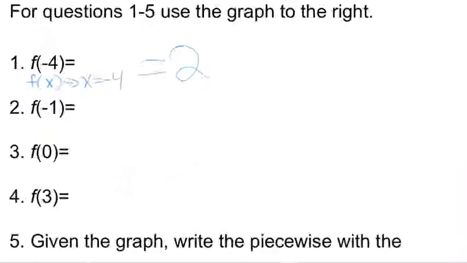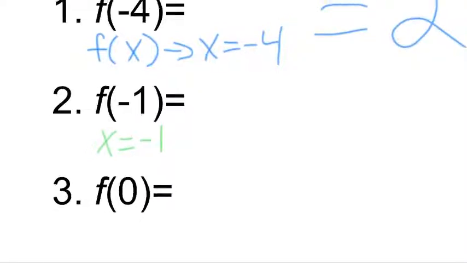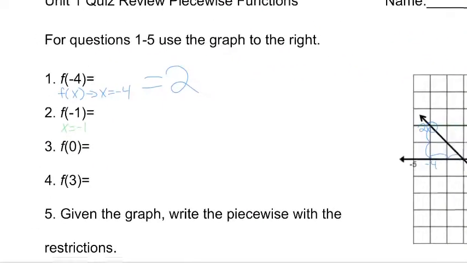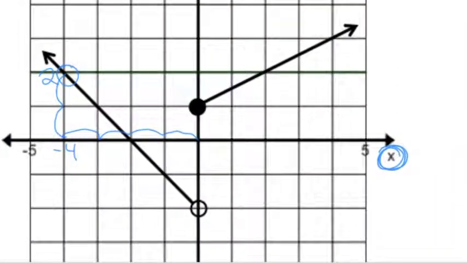Now for the second one. The second one is telling us x will equal -1. So what is our y when x is -1? Well, we're going to go to our graph. We're going to find where x is -1. So there's our -1. Well, what is our y?